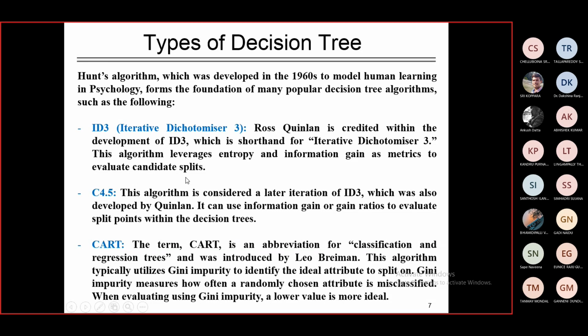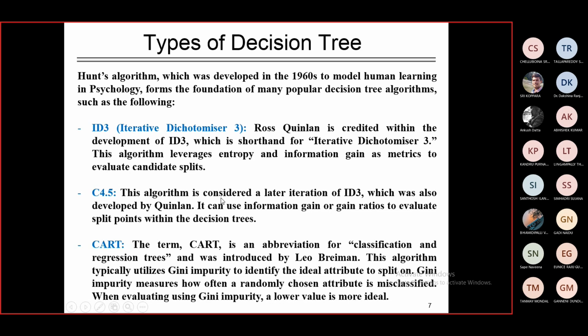Now, to split the tree that we are constructing, it uses entropy and information gain. So these two are the major metrics by which we can evaluate the candidate splits. Okay.